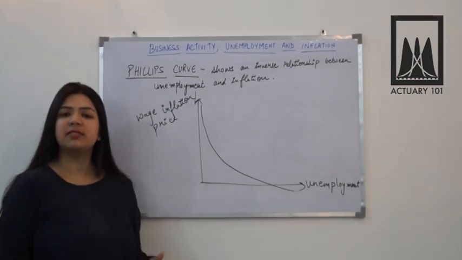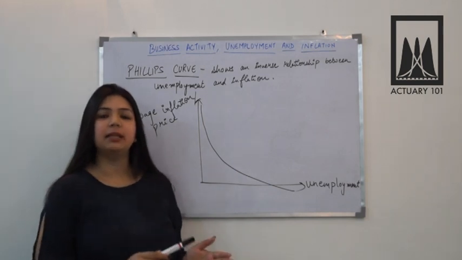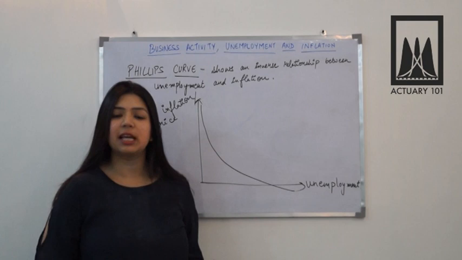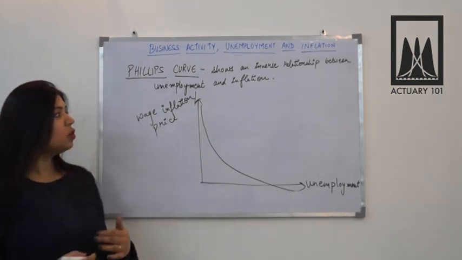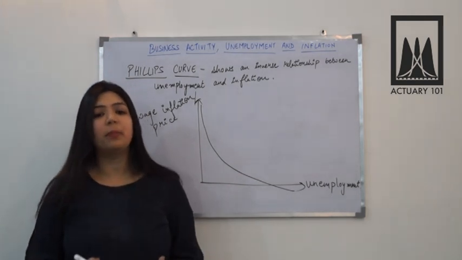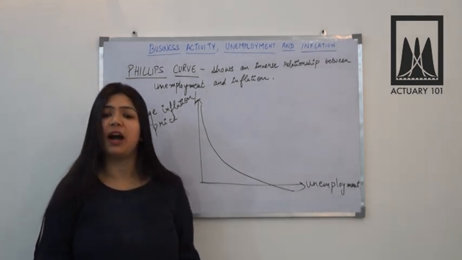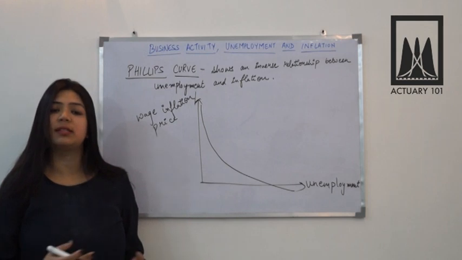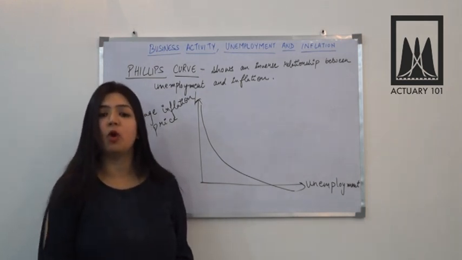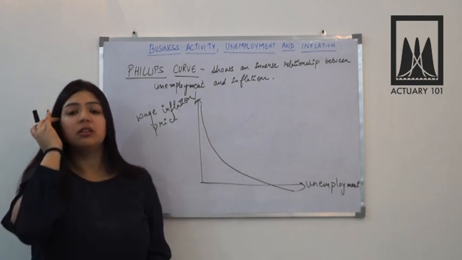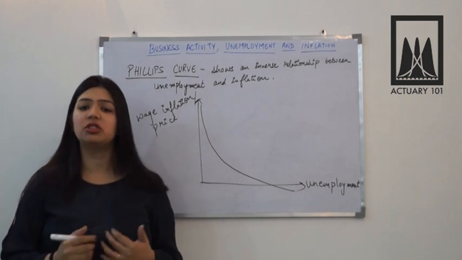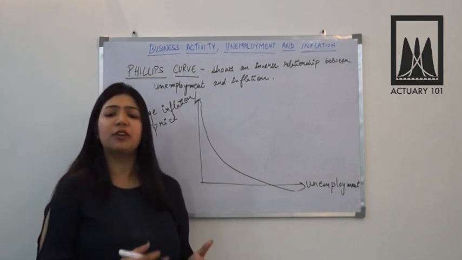Now, the Phillips curve seemed to have disappeared after the mid-1960s. There were some explanations that the economists came up with for the disappearance. So, the first explanation was that inflation and unemployment are not only caused by demand factors, they can be caused by other factors as well. As we have seen, there can be some level of equilibrium unemployment present, which can be due to factors other than demand, such as structural, regional, technological, or frictional unemployment.